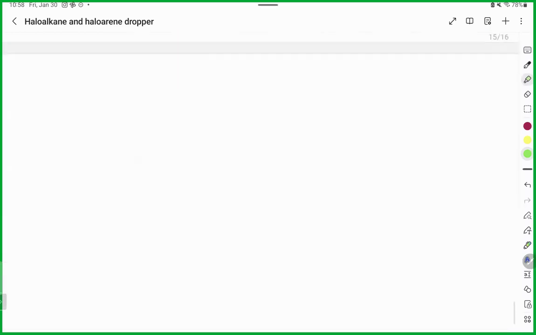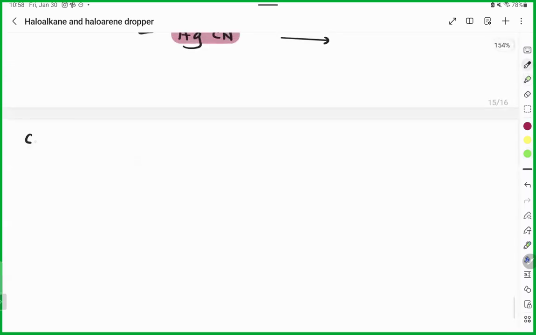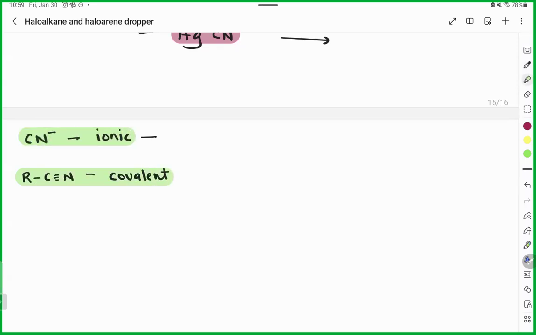Yeah. So I will explain this once again. If you take cyanide, this is ionic in nature. But if you take nitrile, then you will always consider this. This will be covalent. Got it? This will be covalent, and cyanide is ionic.